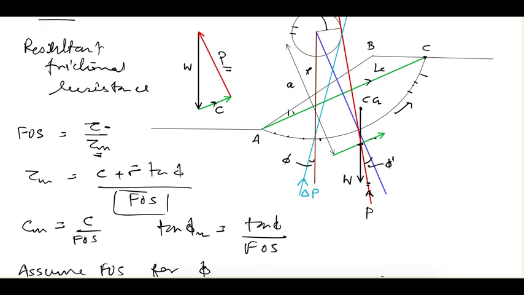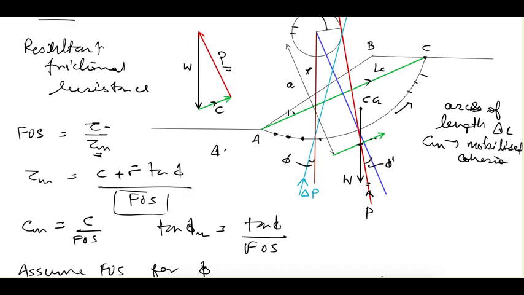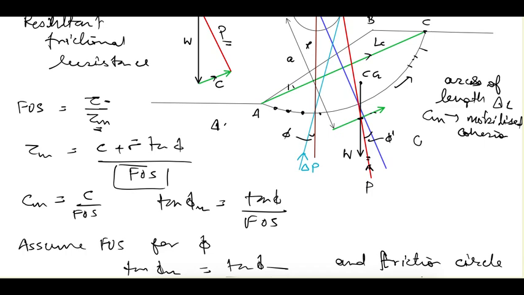Now we take small arcs or elementary arcs of length delta L. Now the cohesion, we assume that mobilized cohesion is Cm, and so the cohesive force on elementary arc is equal to Cm delta L. Now here, if we assume some elementary arc, they will be having a force of Cm delta L.